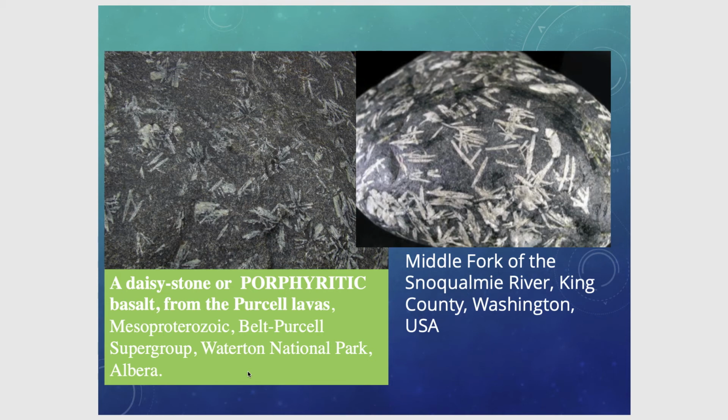So this is an example from Middle Fork, in Washington, in the USA. It's basalt, and it does have this characteristic cereal-like texture. It's interesting how it forms. Density is a key player in this crystallization process.